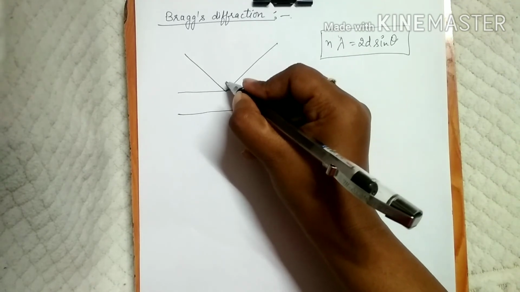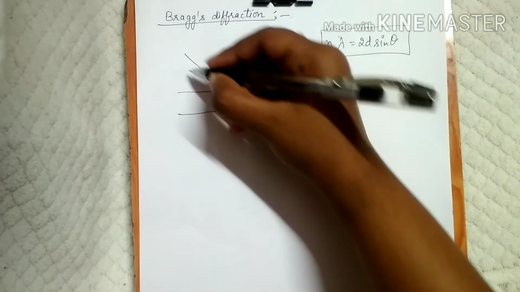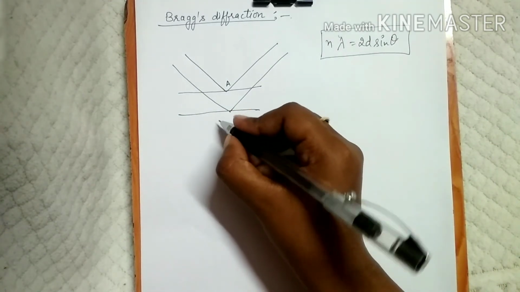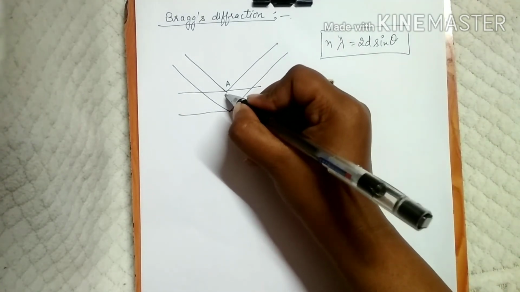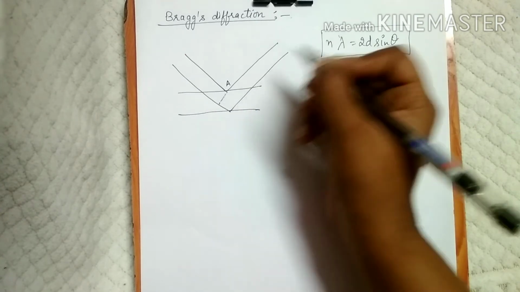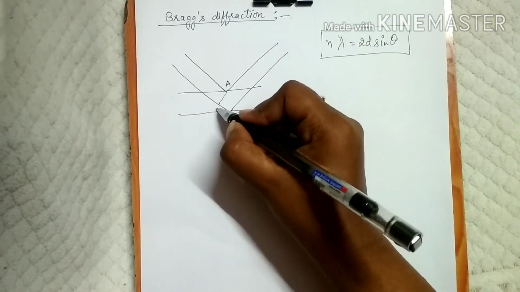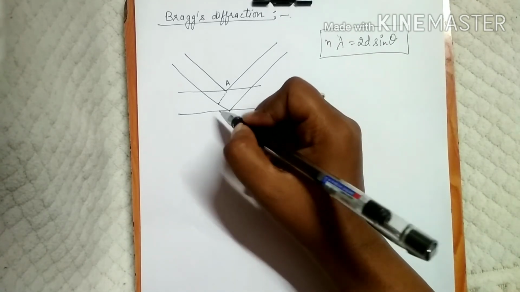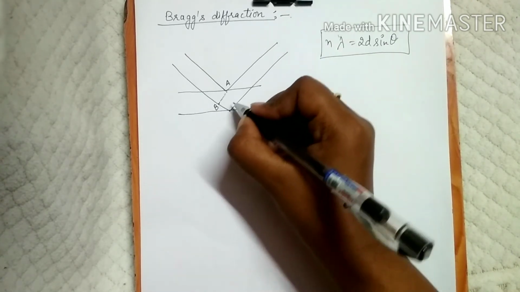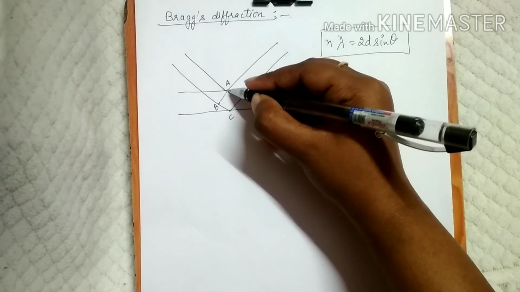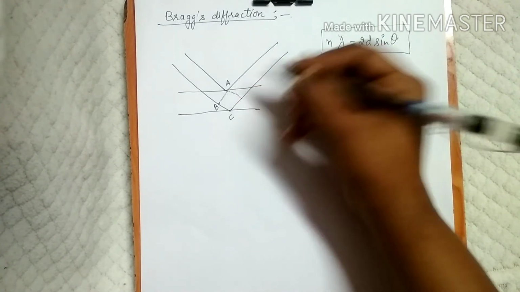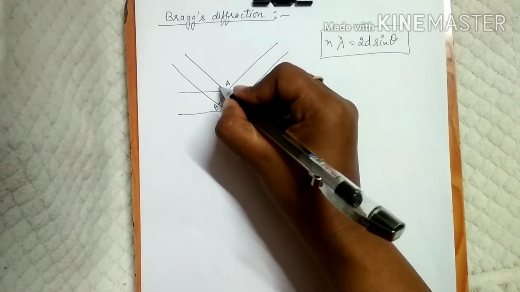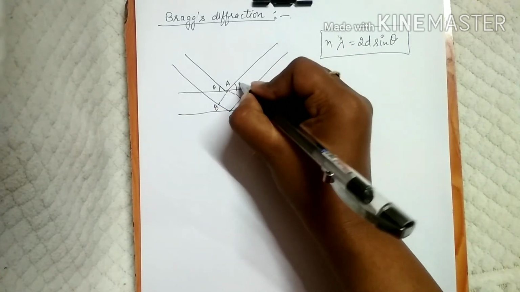Suppose this is your point A, and I'm going to make a perpendicular line from A to this line, and this point is B, this is C. I'm making a perpendicular line from here to this line, D. Suppose this angle is theta and this is also theta.